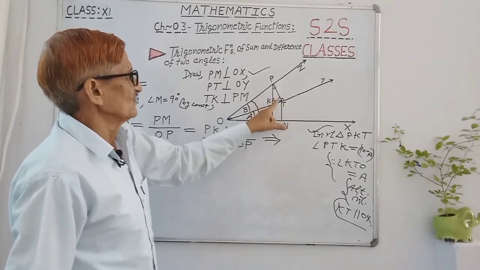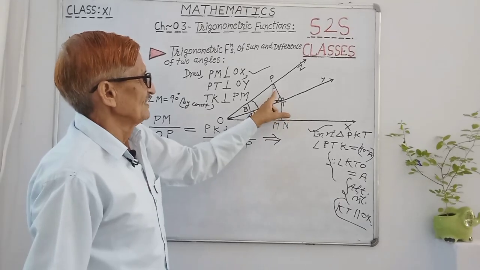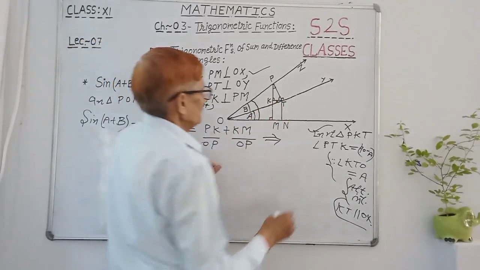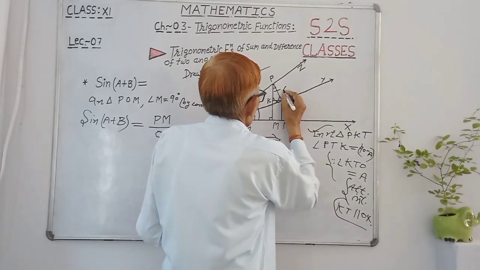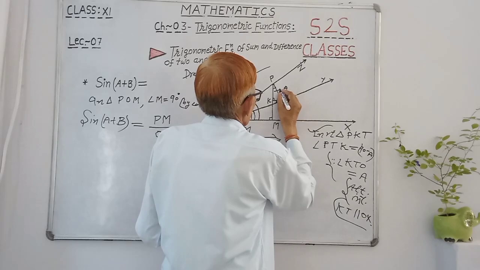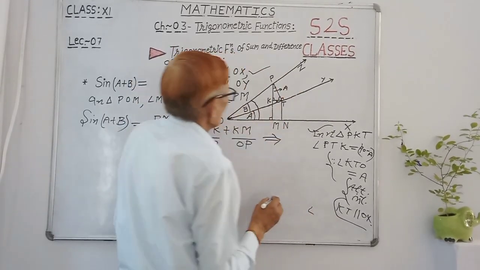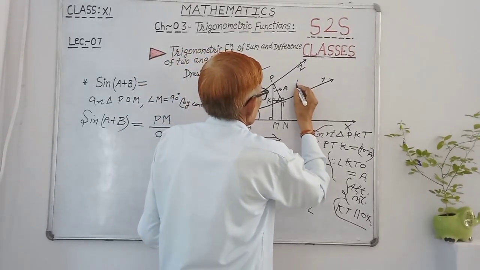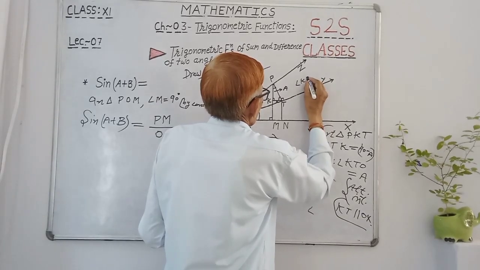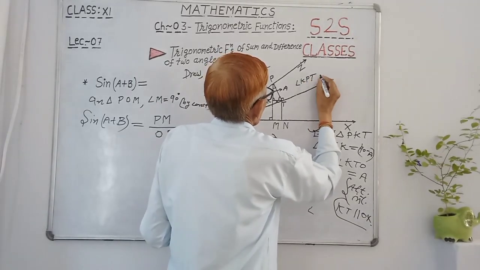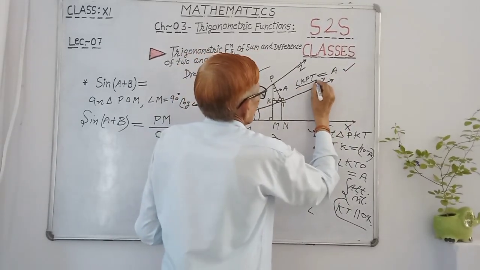Because this is 90 and this is 90 minus A, so angle P will be A. Angle KPT will be equal to angle A. This is the important thing here.